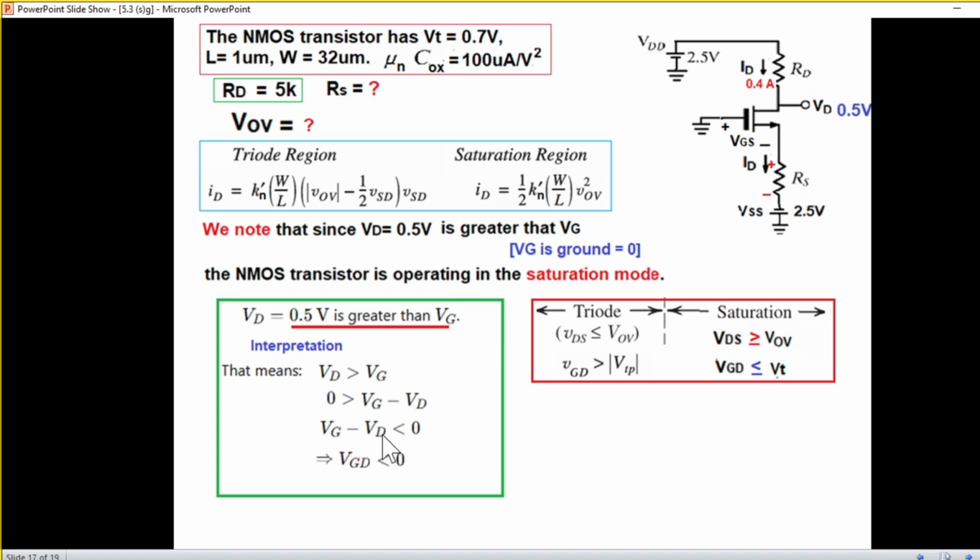Now VG minus VD is actually VGD. So VGD is less than 0. And now in these two conditions, where does it fit? Let's first of all try this. Here VGD has to be greater than some value VT. In our case, it is less than. Therefore, obviously, the transistor is not in the triode region, so it is in the saturation region.